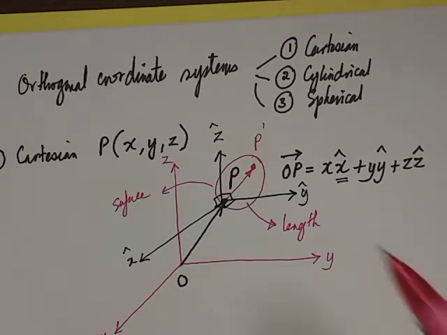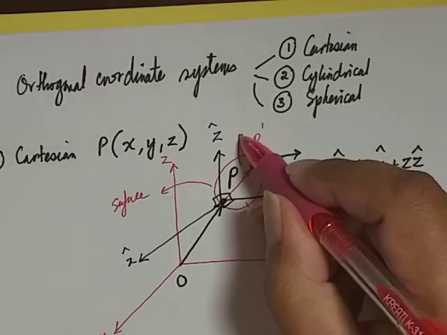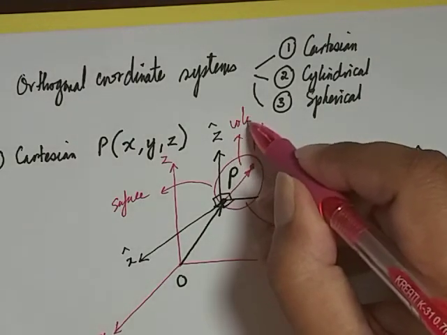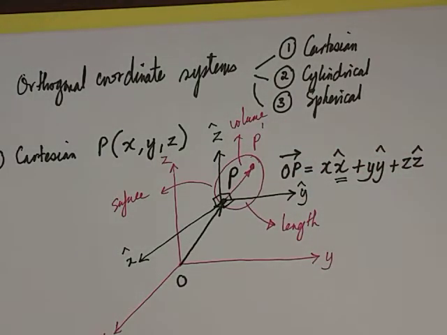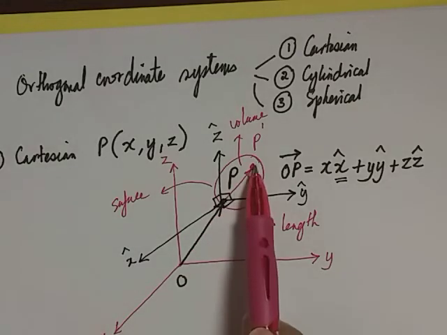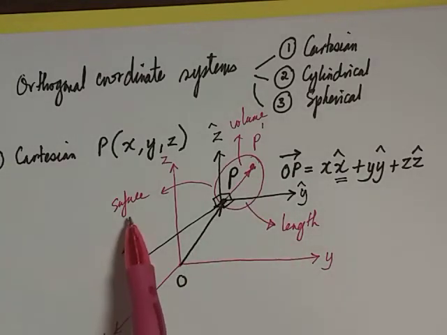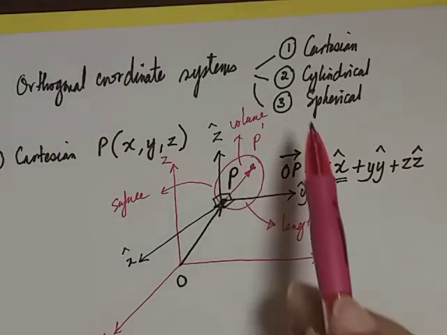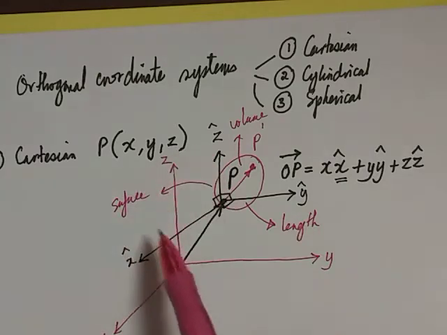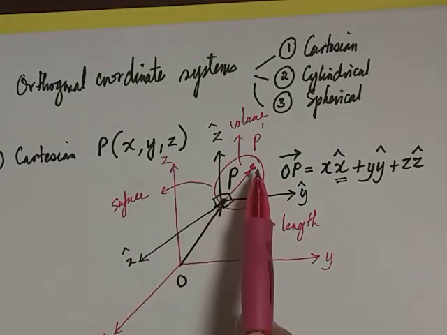And the third parameter is the volume whereby the point P is shifted to P prime. So we want to define the change of length, the change of surface, and the change of volume happening due to that movement.